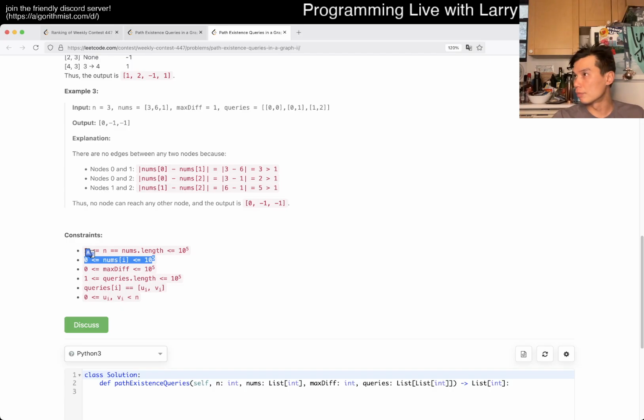Okay, well. I mean, that sounds right, but it's annoying to implement, isn't it?